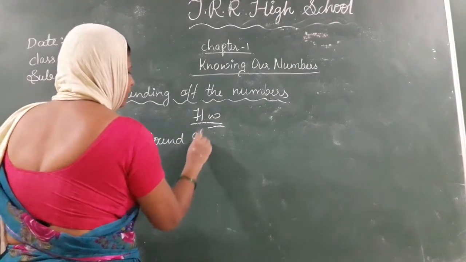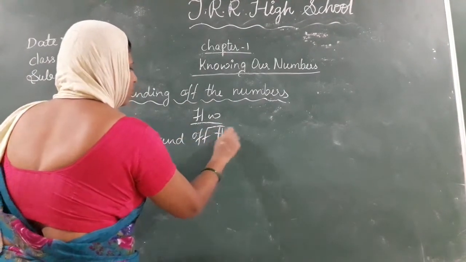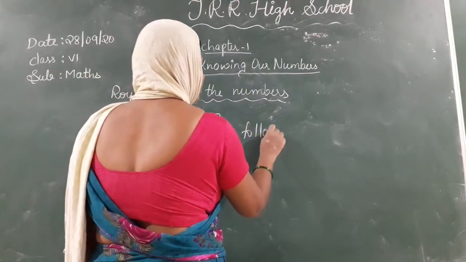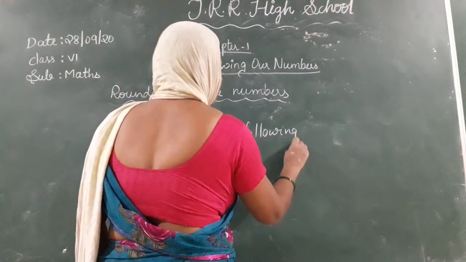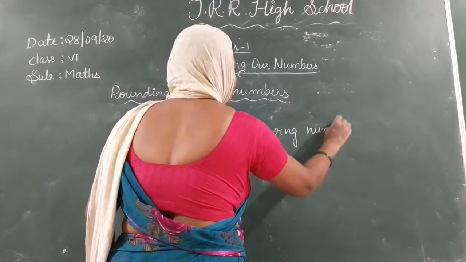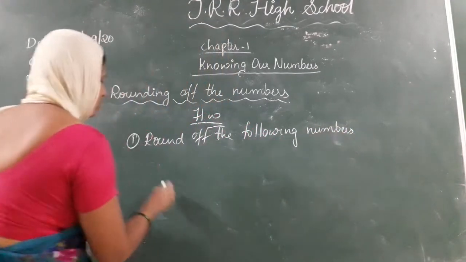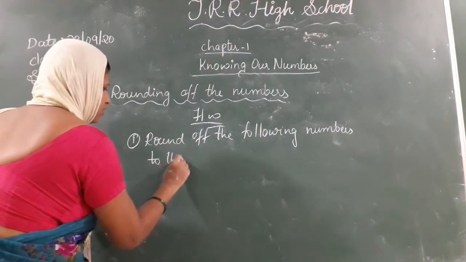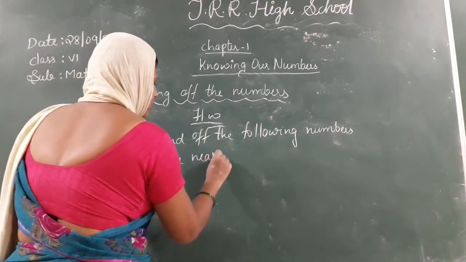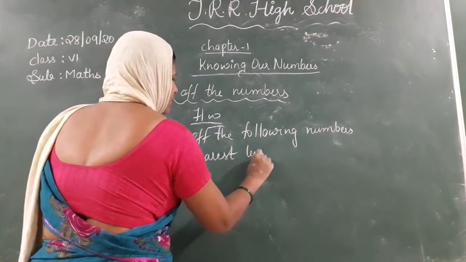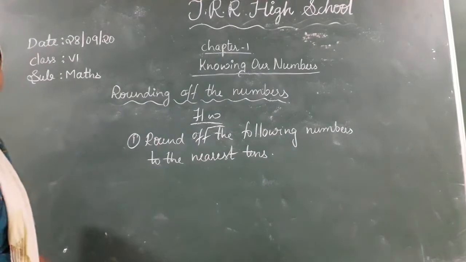Round off the following numbers to the nearest 10.